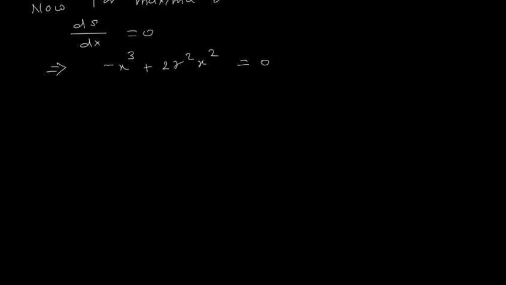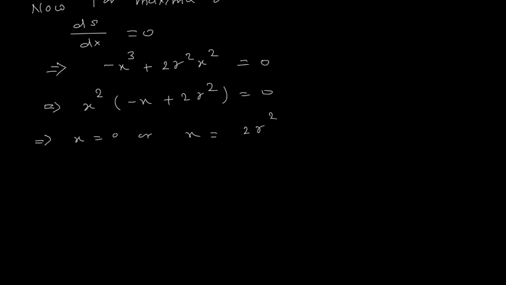Now from this I will take x common. So here I have x into minus x square plus 2r square is 0. This gives me the value of x is 0 or x square is 2r square.